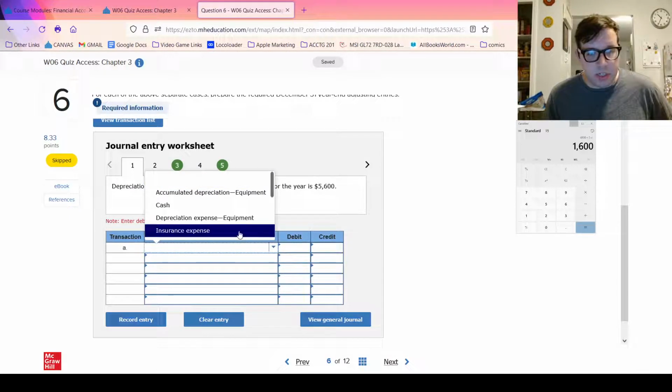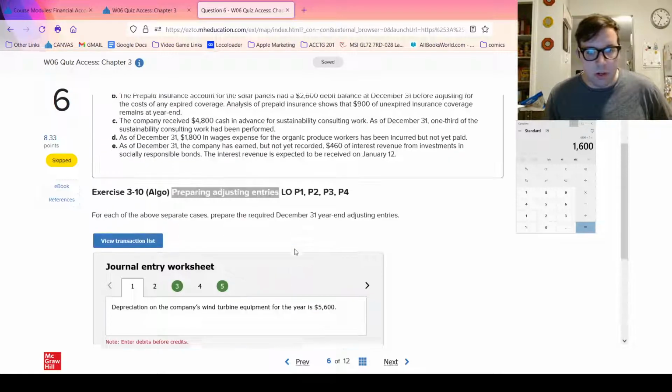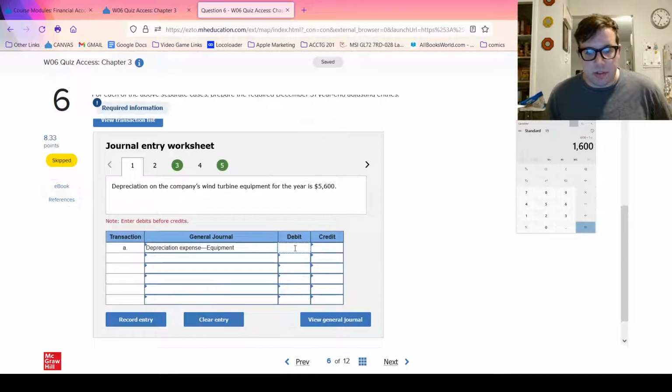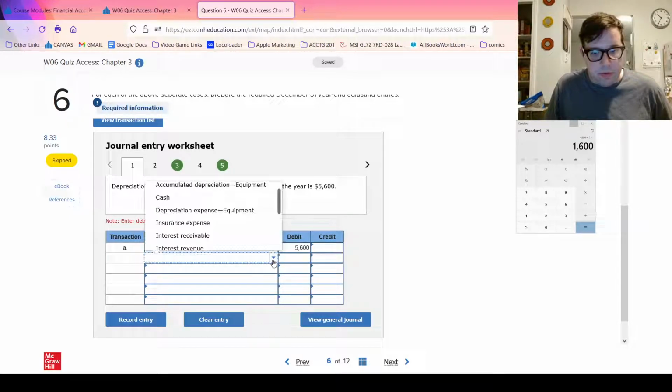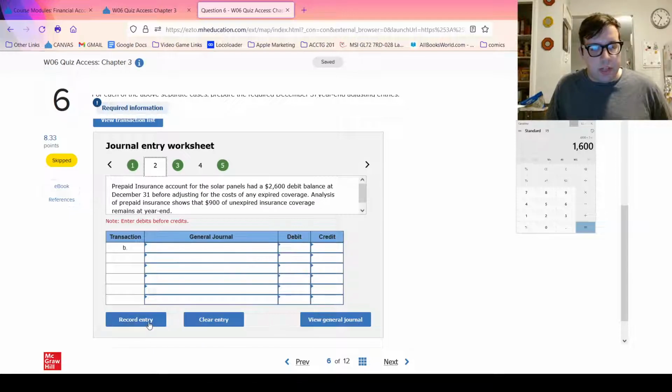It's going to be depreciation expense equipment for $5,600, and we're going to debit that account. And then the second entry is going to be accumulated depreciation, and that's going to be credited $5,600. Okay, we'll record that entry.